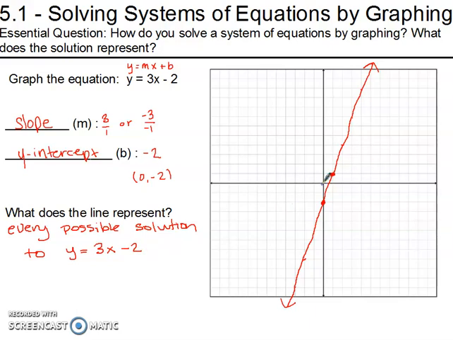So let's say I have an x value of 3. Well, according to my graph, the point on my graph that has an x value of 3 has a y value of 1, 2, 3, 4, 5, 6, 7. So I'm going to go ahead and test this out. We are saying that when I put in an x value of 3, I should get out a y value that is 7.